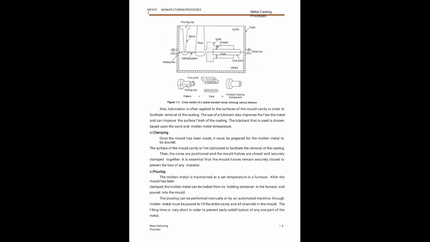Pouring means the mold cavity will be filled with the molten metal with the help of gravity force, and the liquid molten metal will turn to the solid state. That is nothing but pouring. It may take several minutes or an hour to pour the molten metal into the mold cavity.